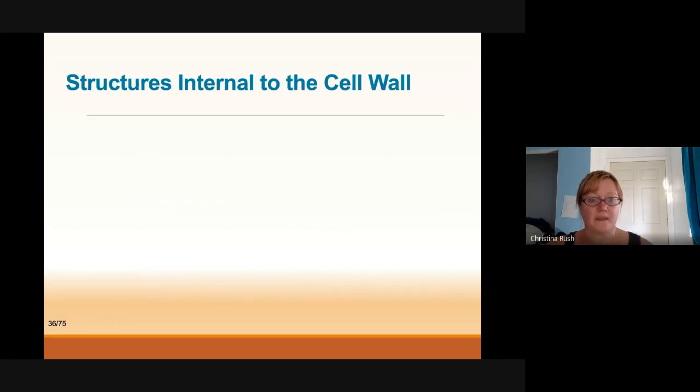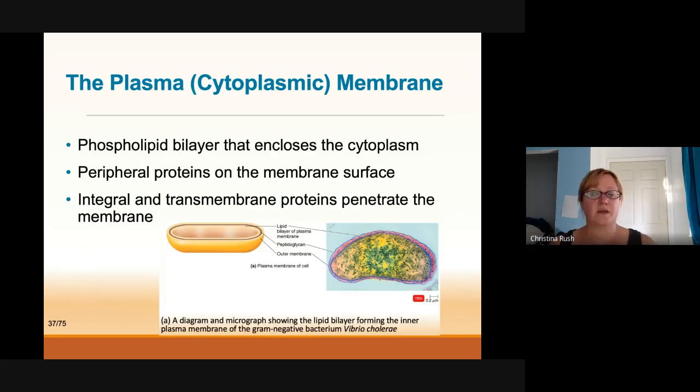Okay. So now we're moving to the structures that are internal to the cell wall. So the plasma or cytoplasmic membrane. This is a phospholipid bilayer that encloses the cytoplasm.